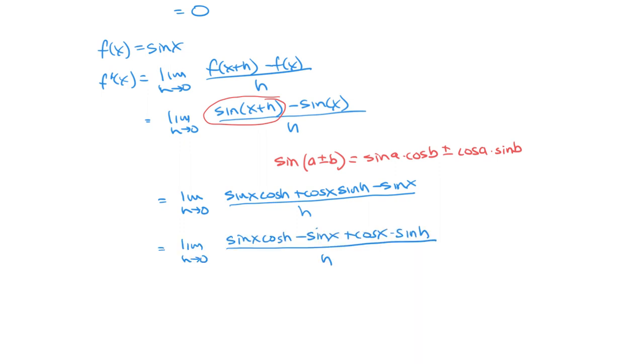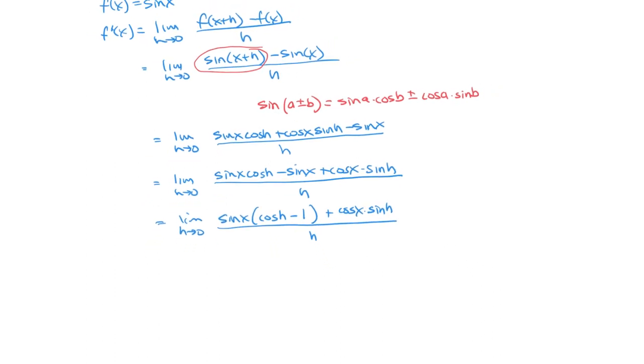Okay, and then we'll do a little bit of algebra. I'm basically going to look at these first two terms, and I'm going to factor out a sine of x. And we'll get cosine of h minus 1. And then over here we have plus cosine of x times sine of h, all over h.